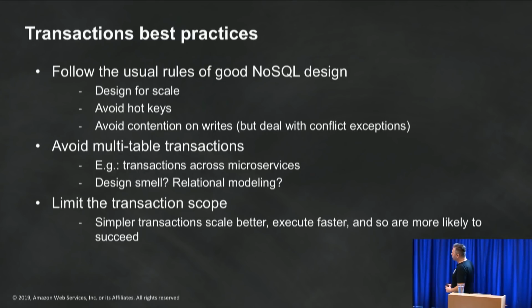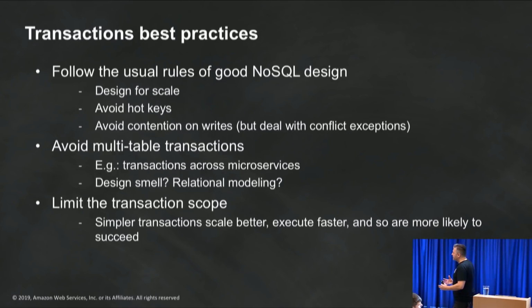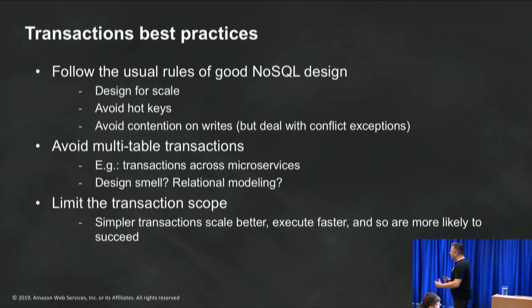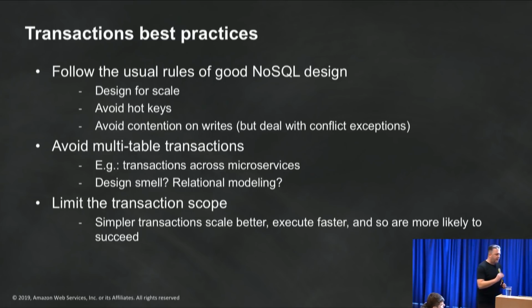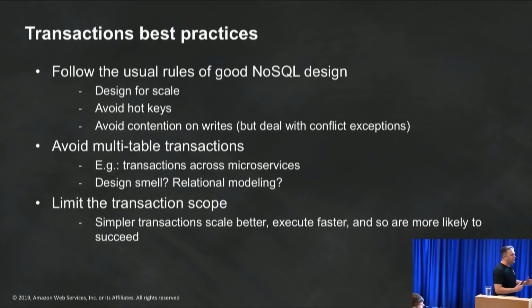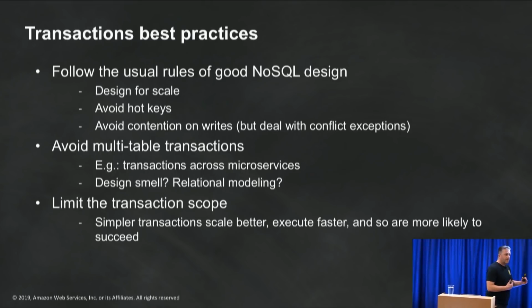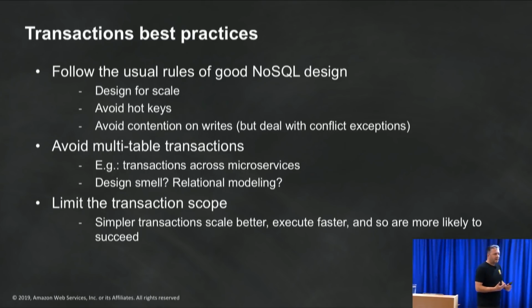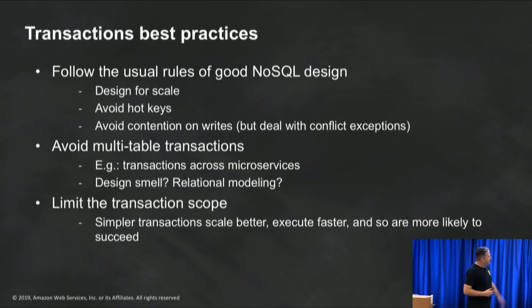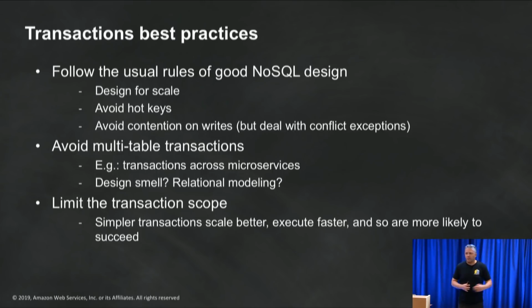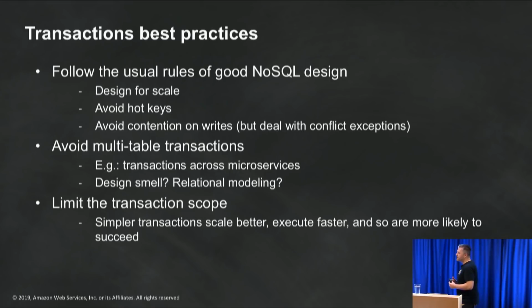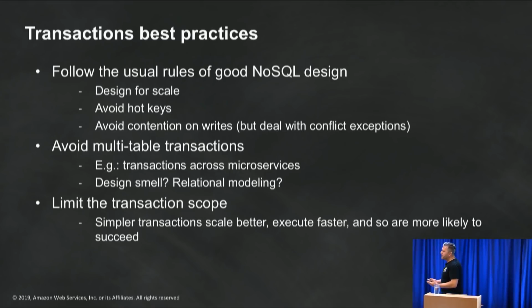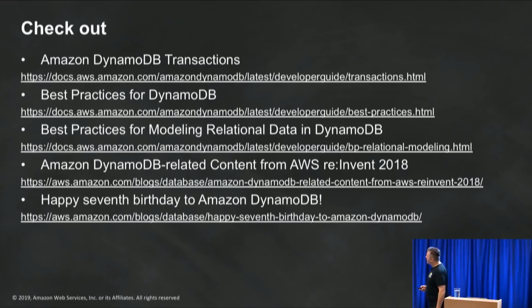But as a general rule, if you're looking at a design that involves transactions across multiple tables, step back and reconsider. Is this a good design, or is this a design smell, an anti-pattern? And limiting transaction scope: for liveliness, you reduce the chances of transactional conflicts, you reduce the latency, and you increase the throughput as well.